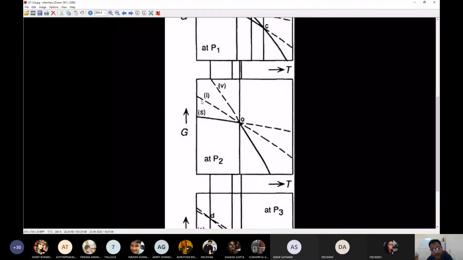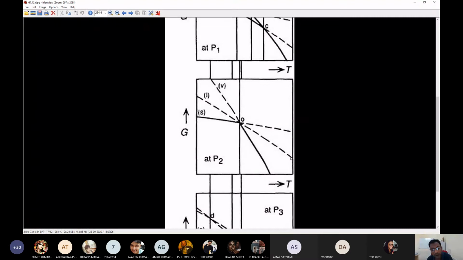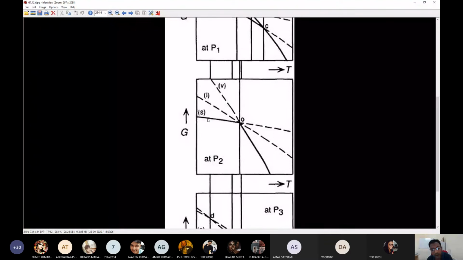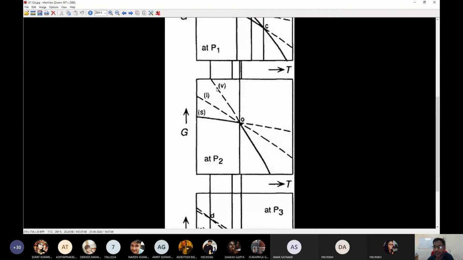In between, you draw a free energy curve for the liquid phase, which in absolute terms lies between the solid's and the vapor's free energy.